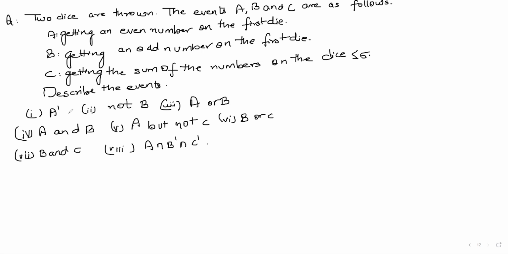Not B is what? Getting an odd number on the first try, yes. Then not B means even number on the first try. Okay.